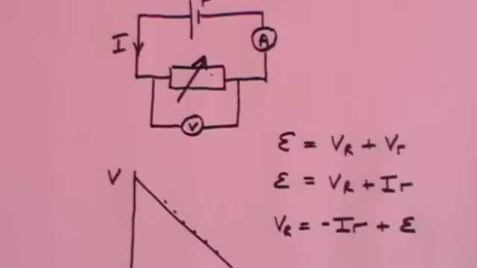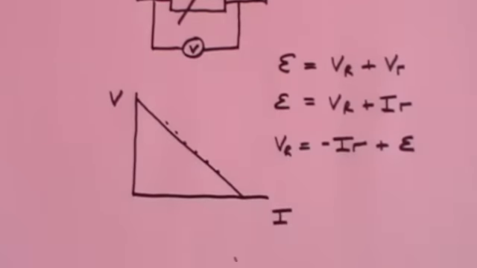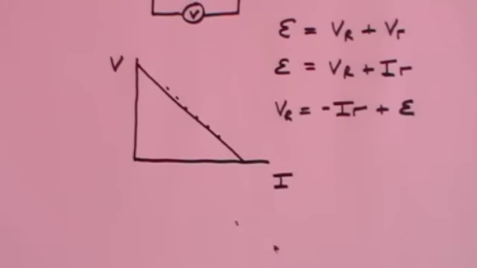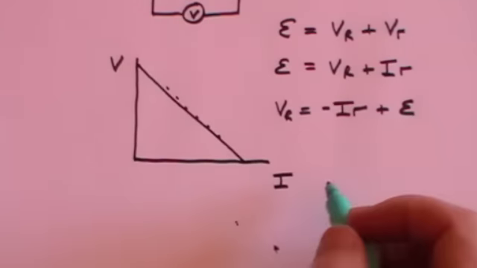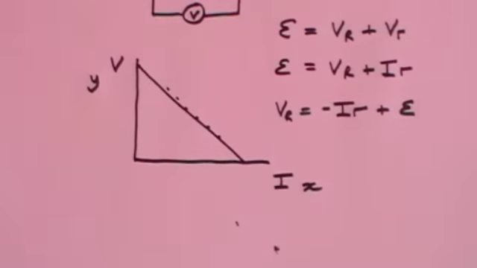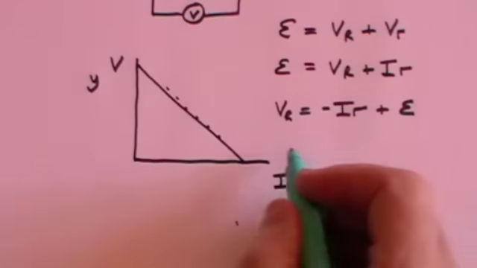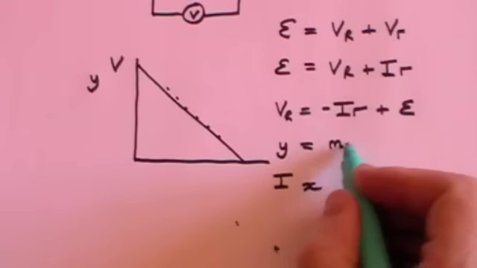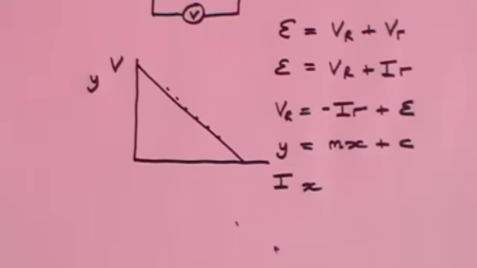Now, why did I put it in that form? Well, you should know from your maths class what the formula for a straight line is. The formula for a straight line where you're plotting on the y and the x-axis in this kind of way is that y is equal to mx plus c. I hope you've all done that in your maths class.